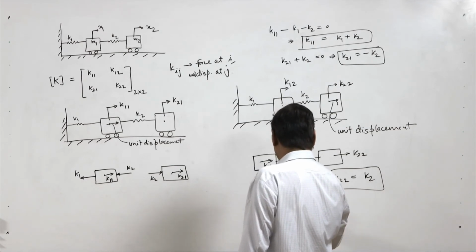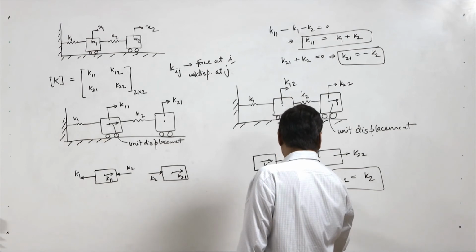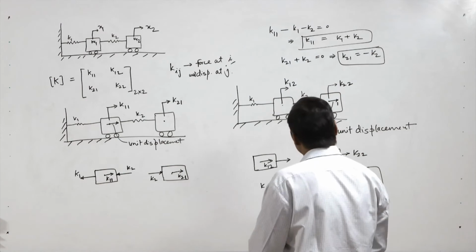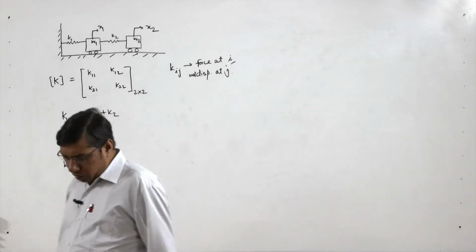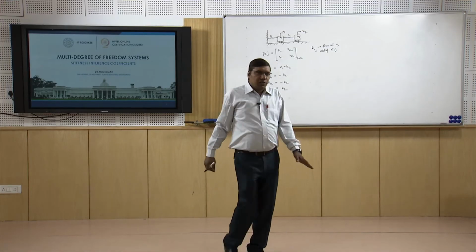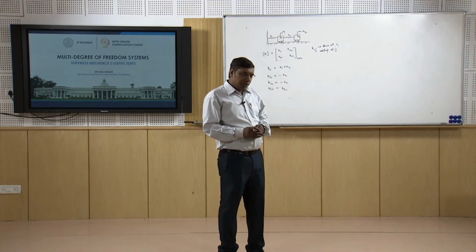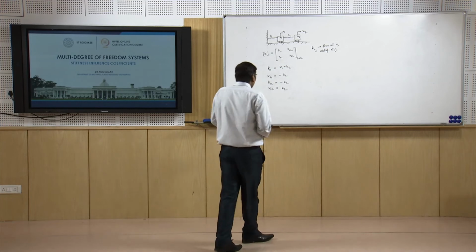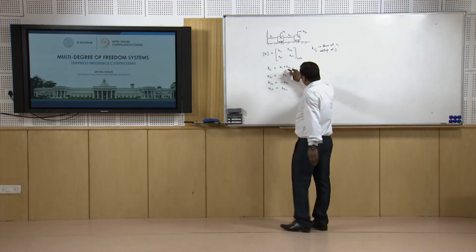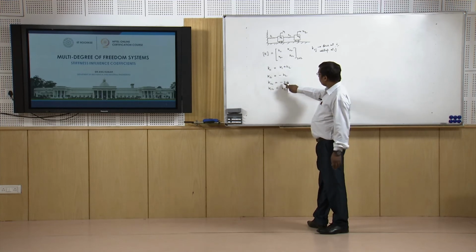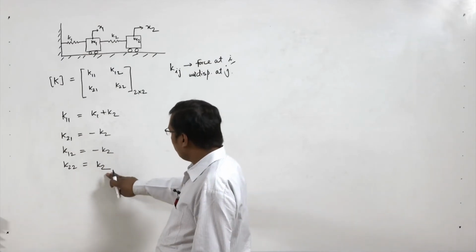This means K12 equal to minus K2. So we have obtained all four stiffness influence coefficients: K11 is K1 plus K2, K21 is minus K2, K12 is minus K2, and K22 equal to K2.